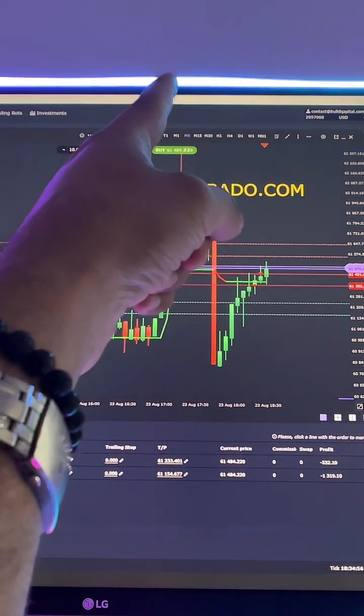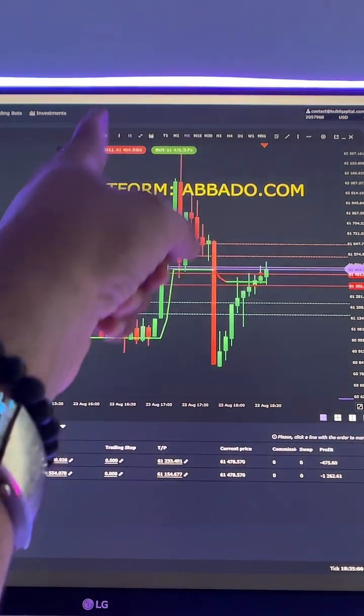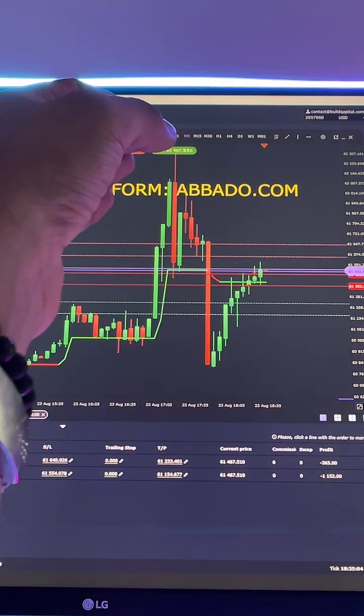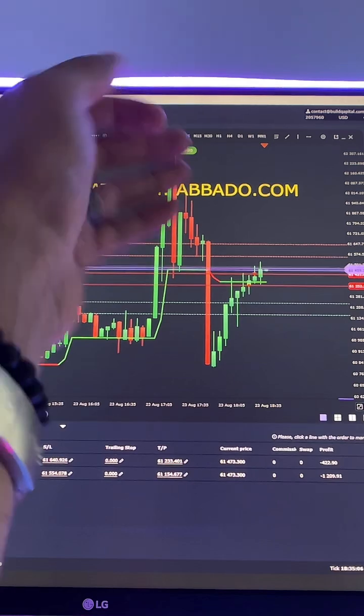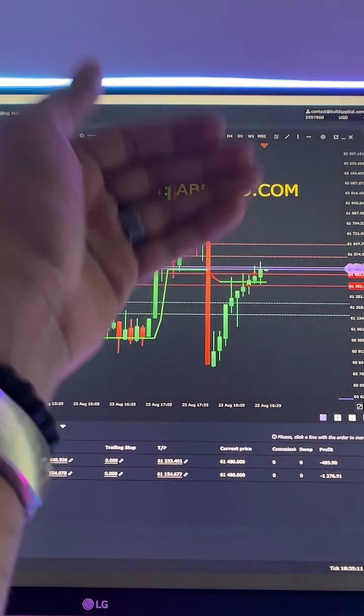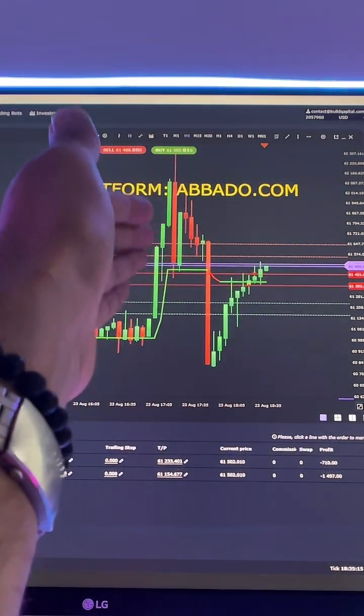Either we can enter a buy trade or we can enter a sell trade. So either we make money on the way up or we can make money on the way down. Now, the nice thing about trading is that because it's a 50-50 chance, all we have to do is add layers to it. And when we add the layers to it, we can increase that 50-50 chance.